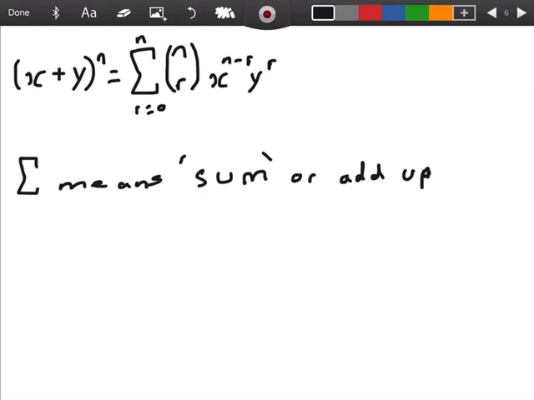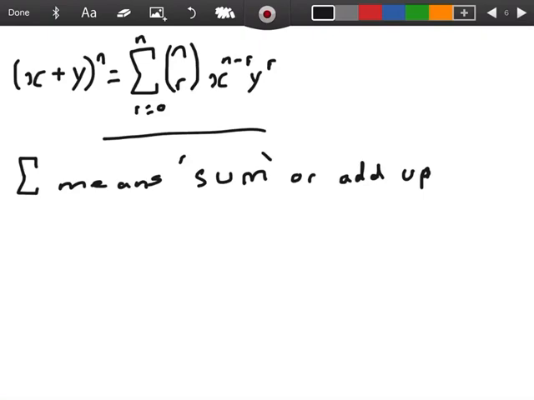Now, for the final part, this is the binomial theorem, and all that's new here is the sigma sign, which is just the big E at the start. It's a Greek letter, and that means sum, or to add up. You have plenty of videos explaining sigma notation. It's actually really simple. It's just the sum of a function. So there we go.